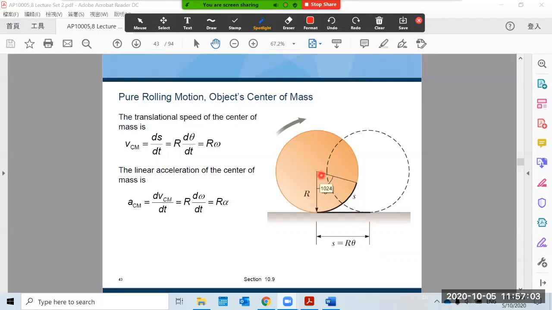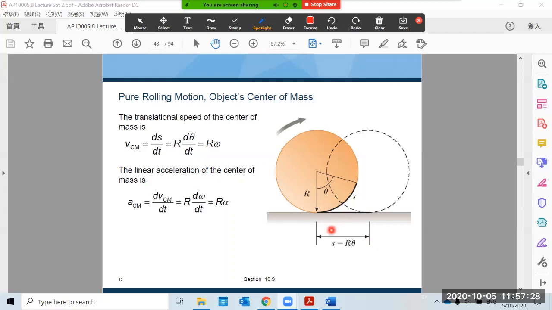Think about it. If the cylinder has rotated by 2 pi in terms of angle, that is one revolution, it would have moved through a distance of 2 pi r. So this equation is justified.